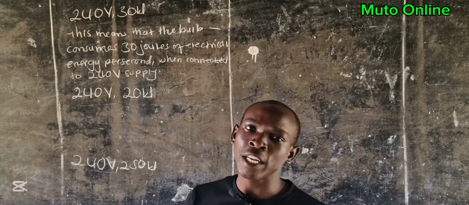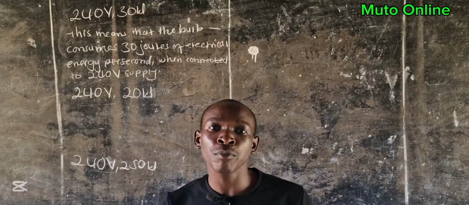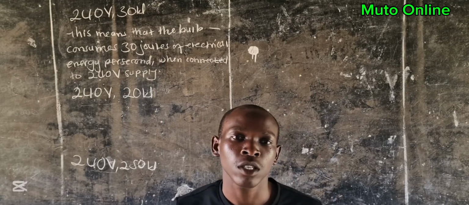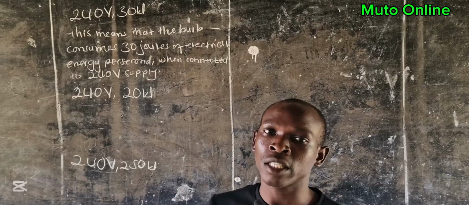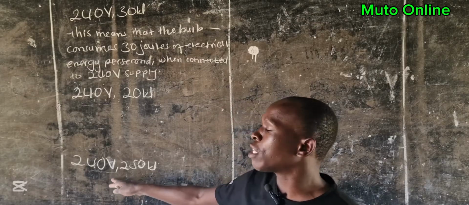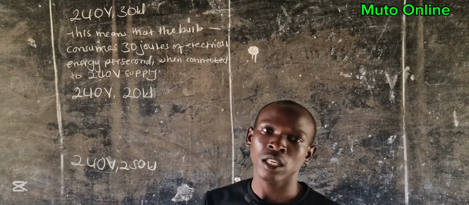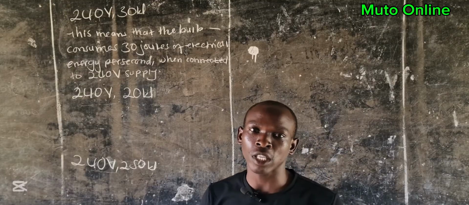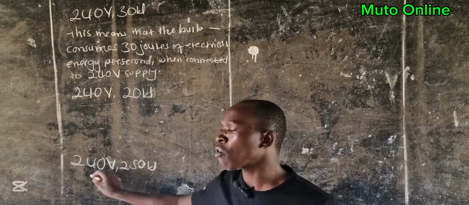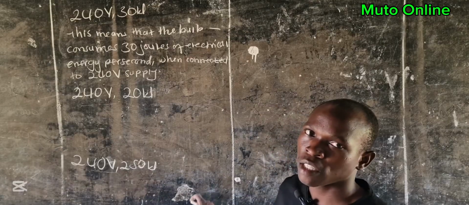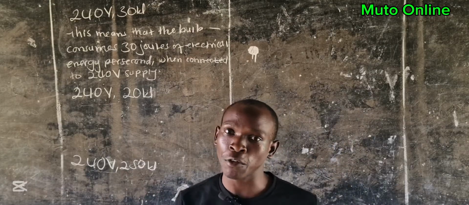According to Ugandan law, the power consumption in homes is supposed to be 240. So when you check your television and everything that you use at home, the home consumption of power is supposed to be 240.